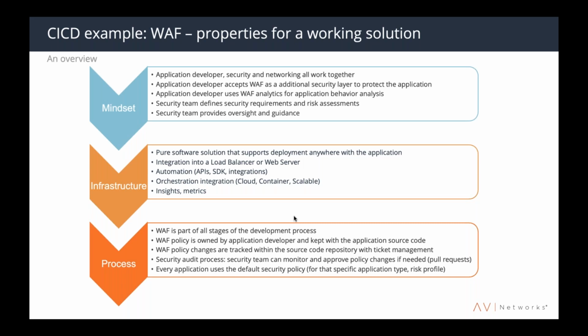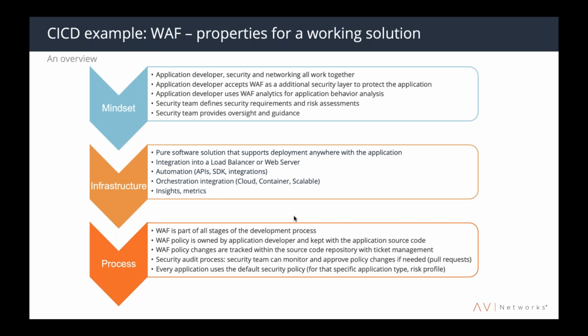In our case, the controller will create more service engines when there's demand for more traffic to be handled. Then, of course, I talked a lot about insights and metrics, about how to make good decisions in these cases. And then we go into the process piece.